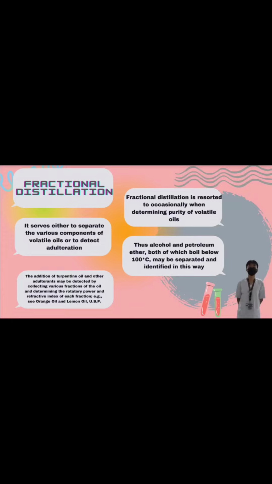The addition of turpentine oil and other adulterants may be detected by collecting various fractions of the oil and determining the rotatory power and refractive index of each fraction. For example, orange oil and lemon oil.